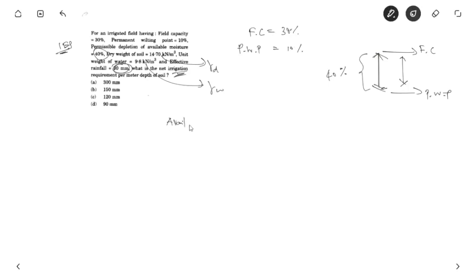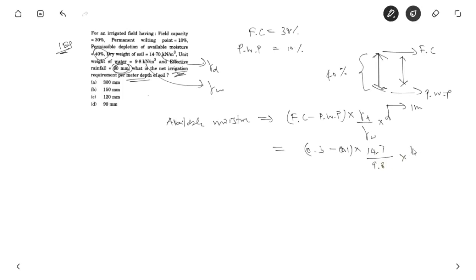So first we calculate the available moisture required. Available moisture is equal to FC minus PWP into gamma D upon gamma W into D. Remember this or understand it, because this is the important relation. Here we take D as 1 meter. So FC 0.3 minus 0.1, into gamma D 14.7 upon 9.8, into D, 1 meter. Important: if the values are given in percent, you have to convert them.